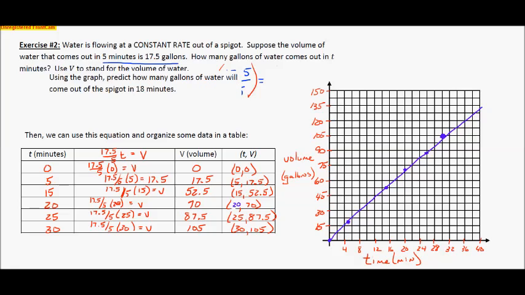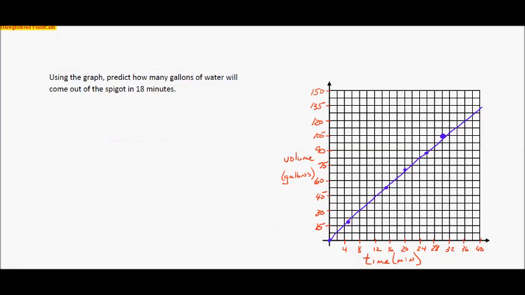layer on. And what they're asking me is now use the graph to predict how many gallons of water will come out of the spigot in 18 minutes. Alright, so again, I find my 18 minutes down here, and since I'm going by 2's, 18 would be right there. So I go straight up from 18 minutes and see where I cross the graph, which would be right there, and slide over.